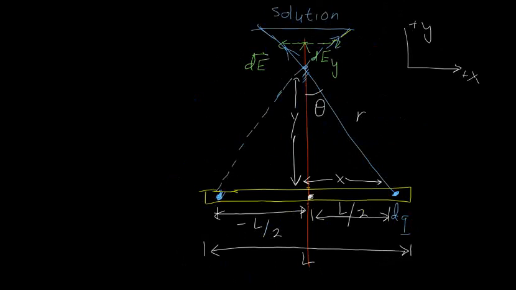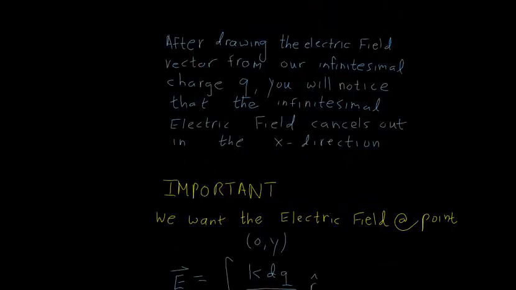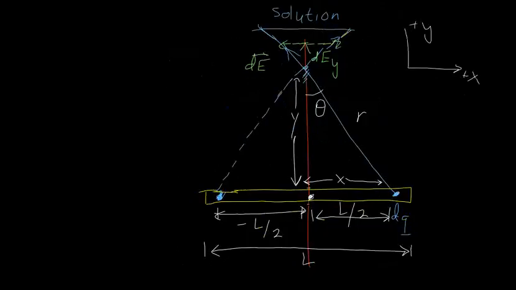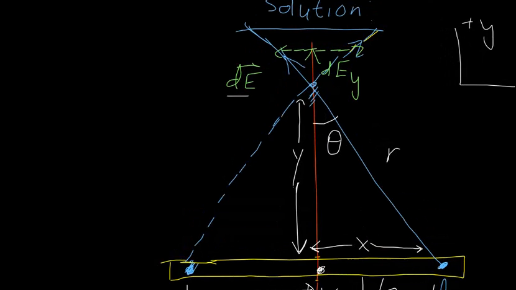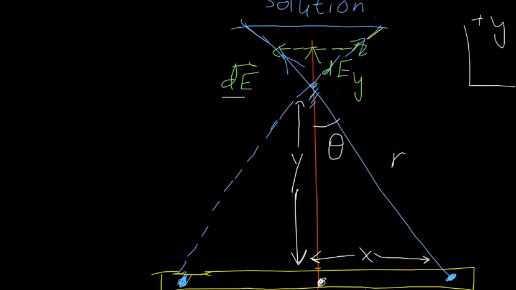You always have to do that. I've even written it down here: after drawing the electric field vector from the infinitesimal charge dq, here's my dq, and I drew this blue line, that's my infinitesimal electric field vector dE. That electric field vector is made up of x and y components. There's a y component going vertically upwards. You see that's my dEy. Pay attention, this is dEy.